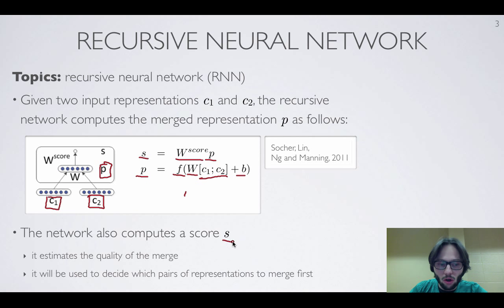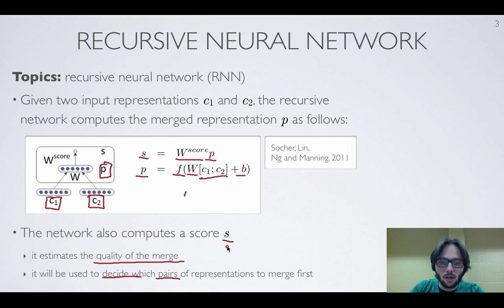And this score is actually going to be used as a sort of estimate of the quality of the merge. And essentially, it's going to be used to decide which pairs of representations we should merge first as we construct a syntactic tree.